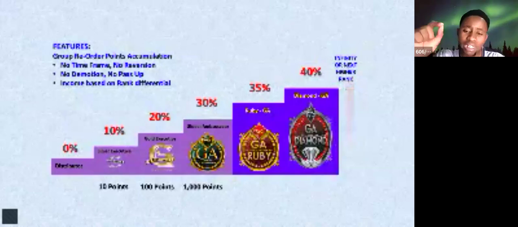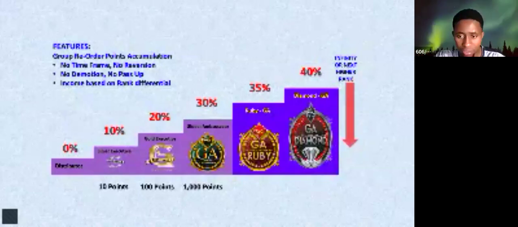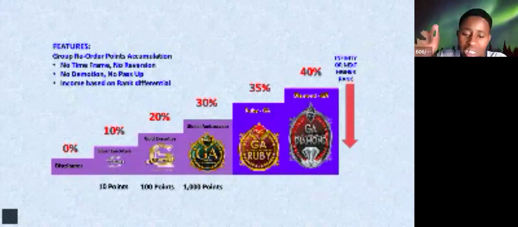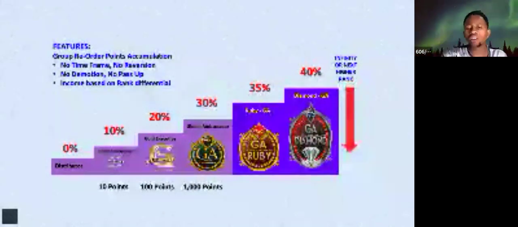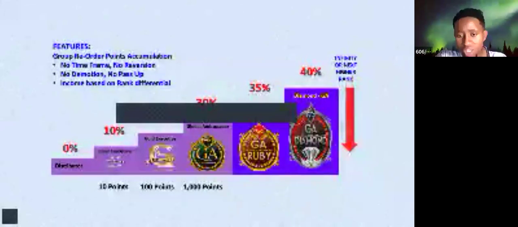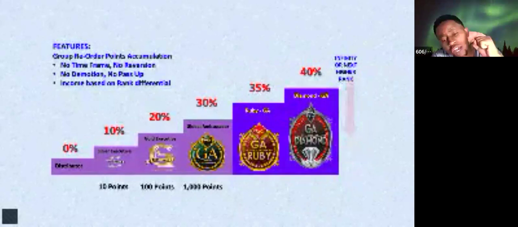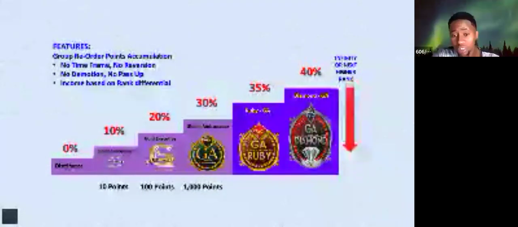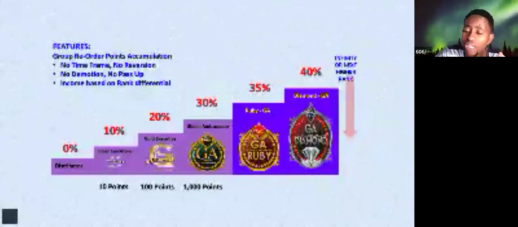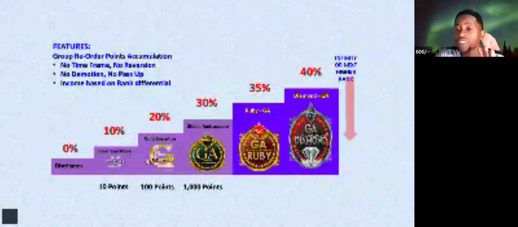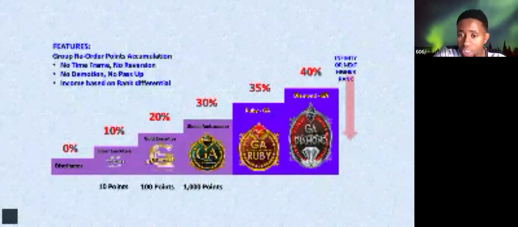After Global Ambassador, you will no longer need positional points. Now at this level, all you need is to create other Global Ambassadors in your team. So if you create 5 Global Ambassadors in your team, in any of your legs, 5 legs, and each of the 5 legs becomes a Global Ambassador, you can become a Ruby Global Ambassador.